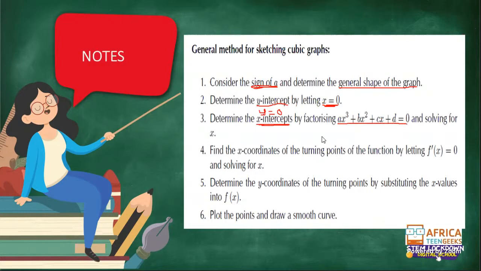But remember, when you're solving for x for a cubic function, please revise how to use long division, inspection, and all that. So you will need to revise how to factorize a cubic function.